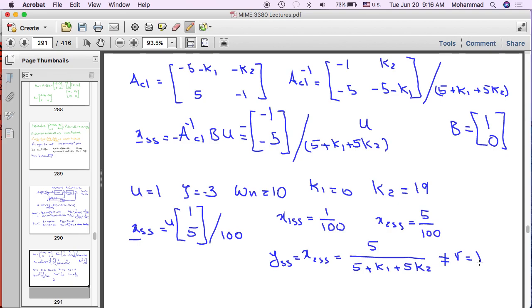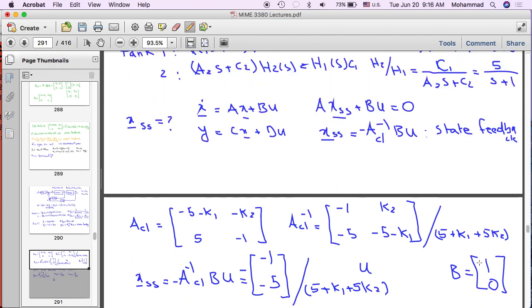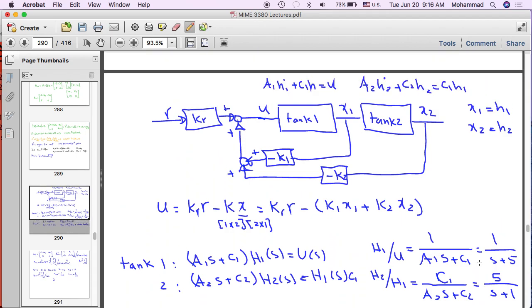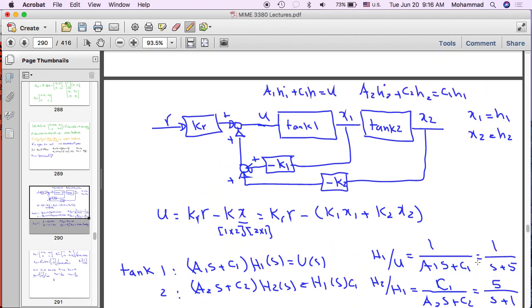So what should we do? That is exactly why we have this guy, the third controller gain in our case, which we called a pre-filter.